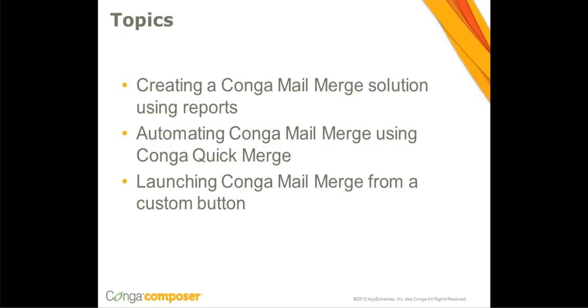With Quick Merge links, it allows you to do a common or frequently repeated mail merge process on a very easy basis by storing a few things in a record and then just clicking launch thereafter. Then finally, we're going to talk about how to build a custom button using Conga Mail Merge, and there's a little trick that we will take you through at the end of the call. So with that, I'm going to go ahead and get started and jump right into Salesforce, and we'll do some live demoing.